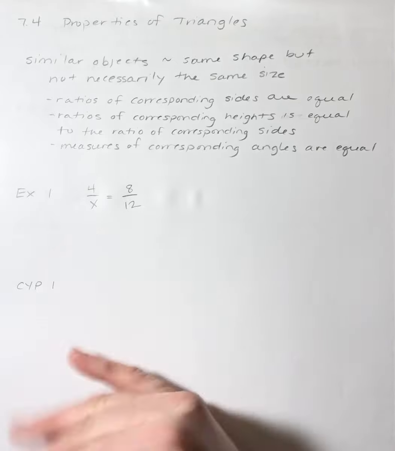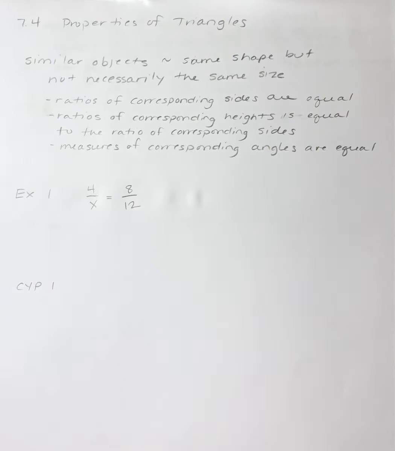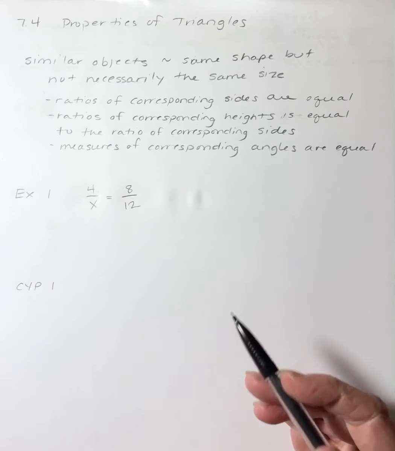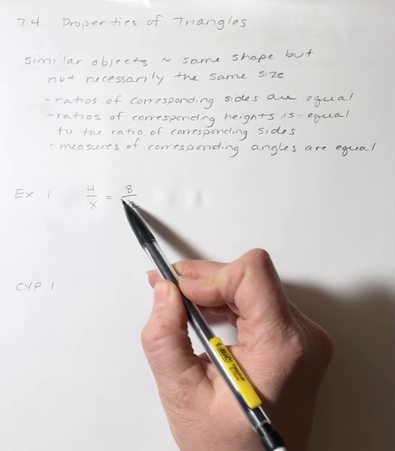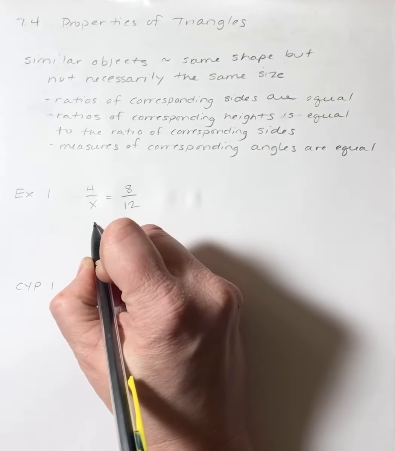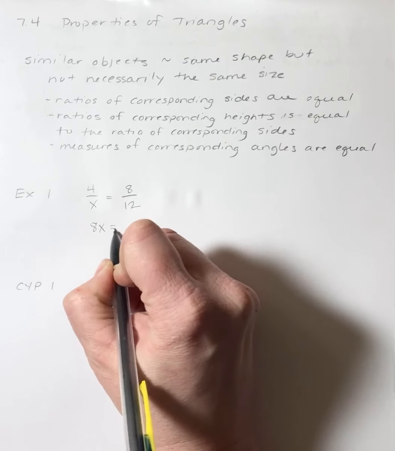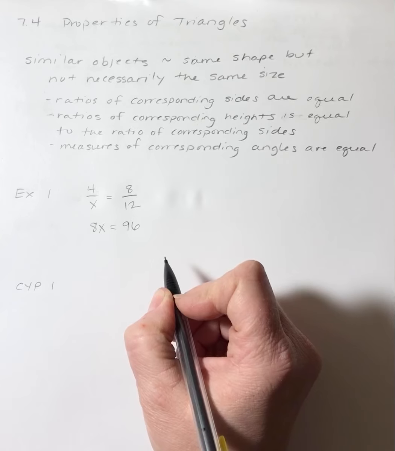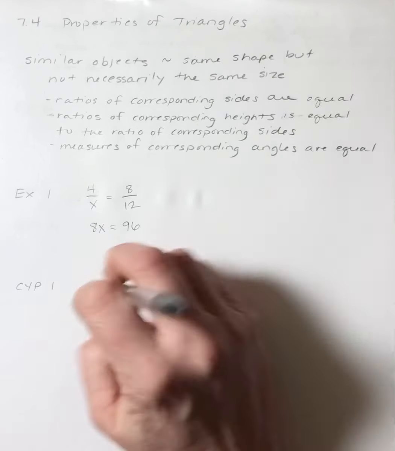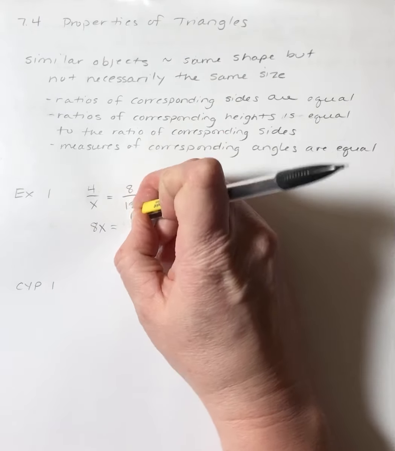This ended up being backwards from what they did. Doesn't matter. It's a proportion, so you can cross multiply. So you get 8x equals 96. Oh, just kidding, 4 times 12 is 48.